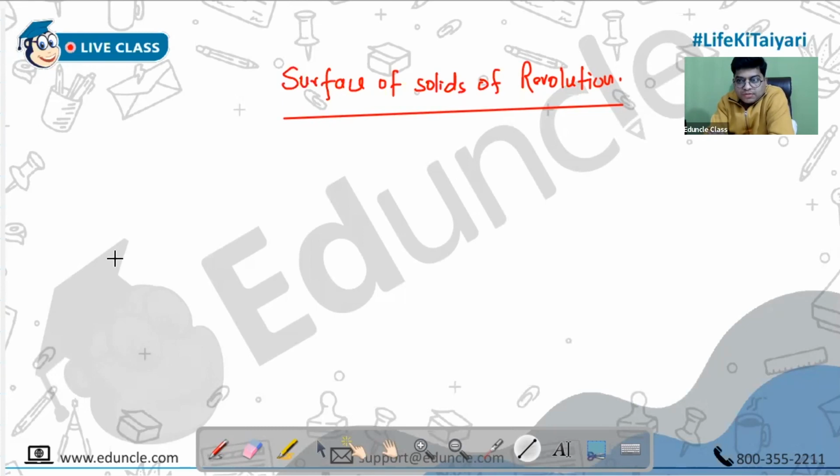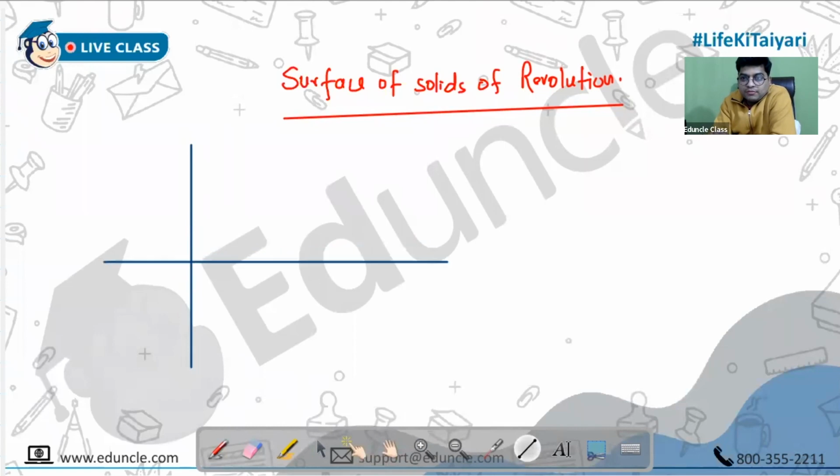So whenever you have some curve, and you are revolving that curve about a particular axis, then you will have some surfaces, and we have to find the surface area of a particular region.